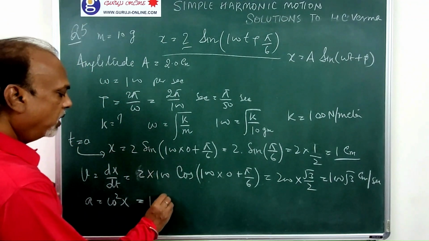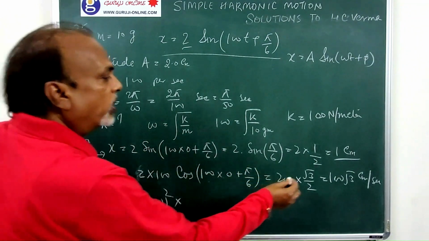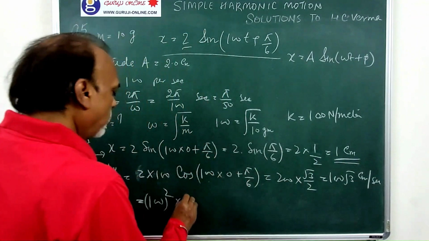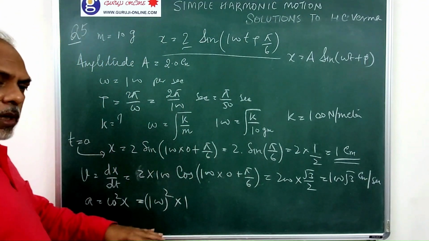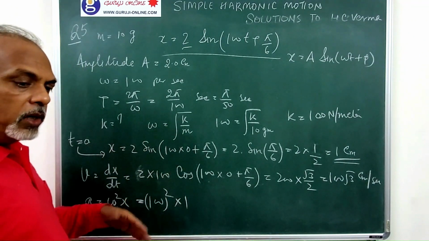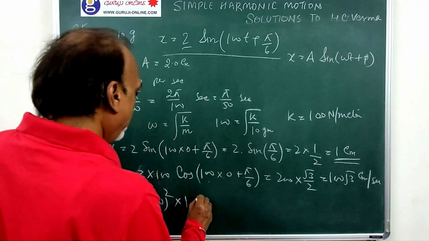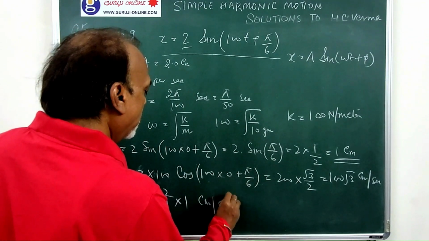So 100 square into x. What is x? X is 1 centimeter. So this is your acceleration, 100 square into 1, or this will be of course centimeter per second square.